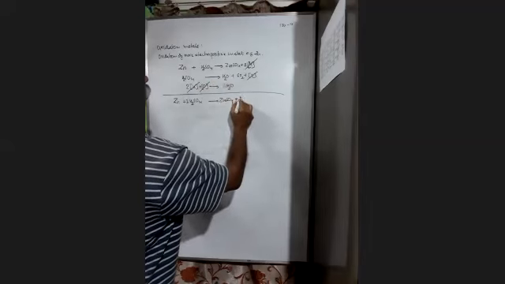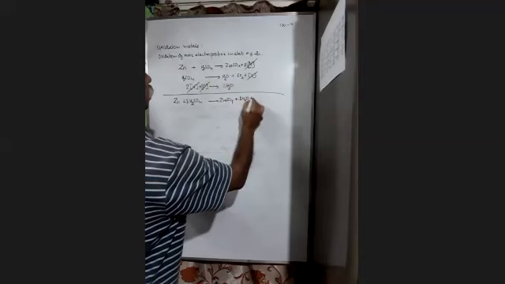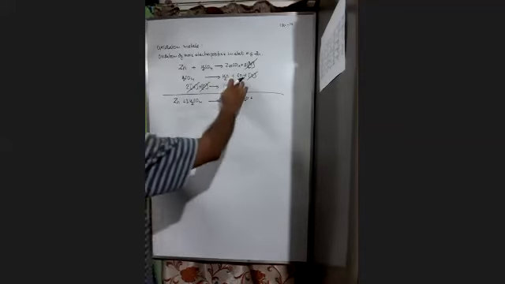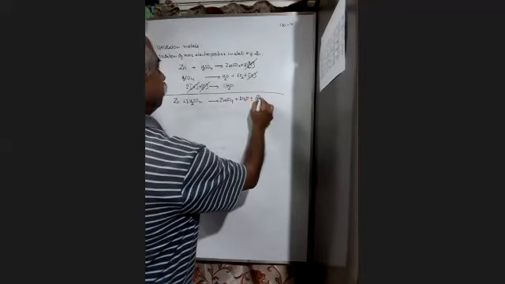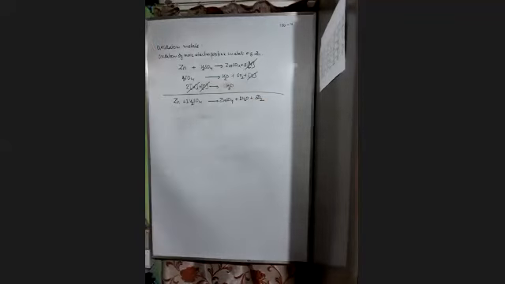So 2H2O plus what? Sulfur dioxide. It is a very important equation. Finish, then I'll tell you. Done, sir. No.